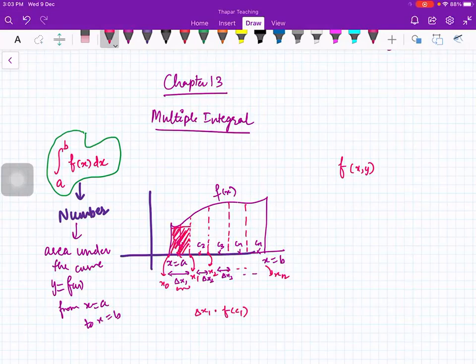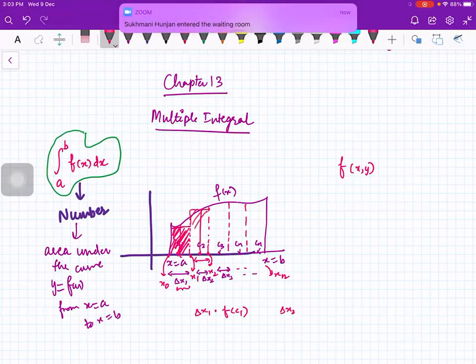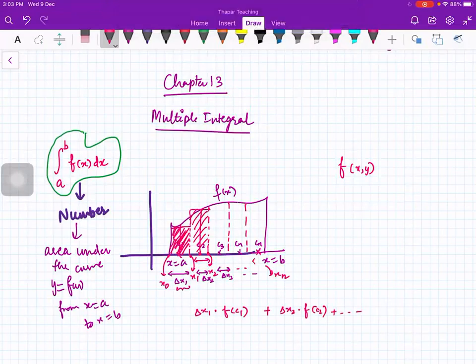Then you multiply this length delta x2 with the value of the function at C2, and you keep on doing this. At the last, you take delta xn and multiply with the value of the function at Cn. So what you have computed are some areas, but that is not the area under the curve. Is that clear to everybody?